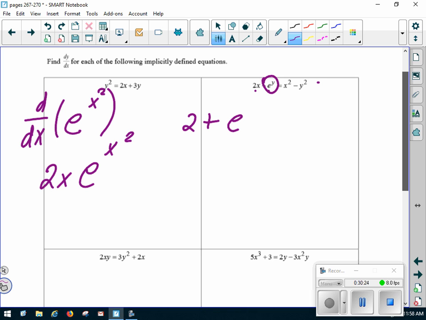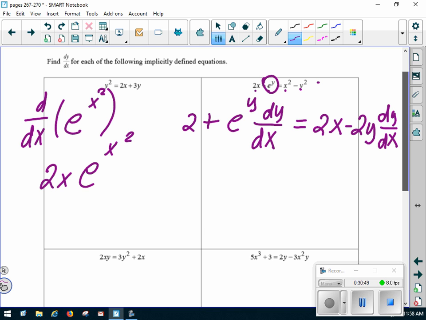That times the derivative of the exponent with respect to x. dy dx equals 2x minus 2y dy dx. Get your terms with dy dx on one side of the equation, the terms without it on the other side, and that's how you're going to solve for your dy dx. You with me?